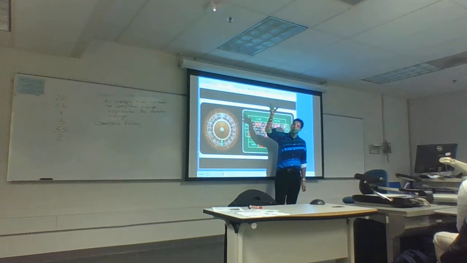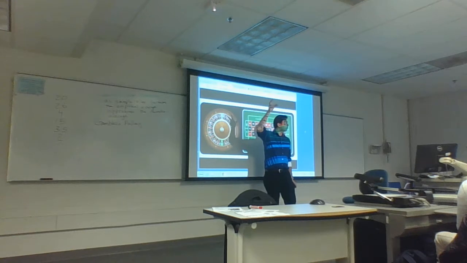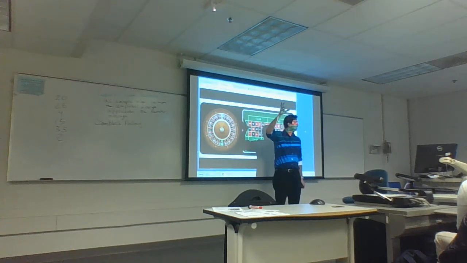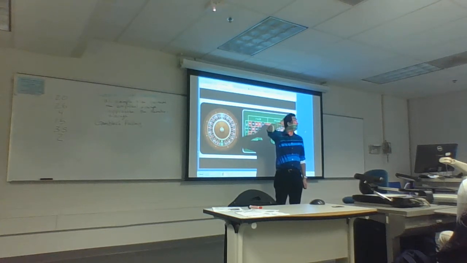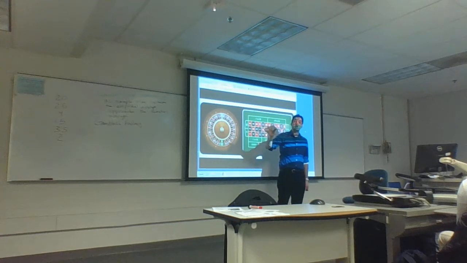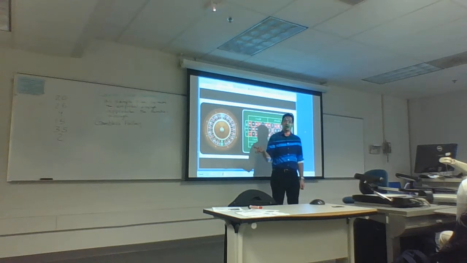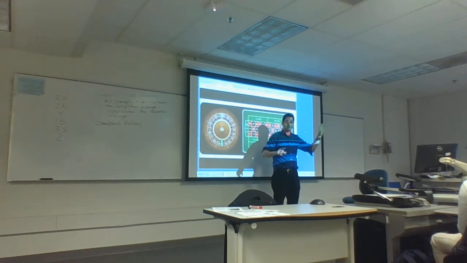Each spin of the roulette wheel is what we call, anyone know, beginning with an I? Independent. Each spin of the roulette wheel is independent. In other words, the result of previous trials does not influence future results.